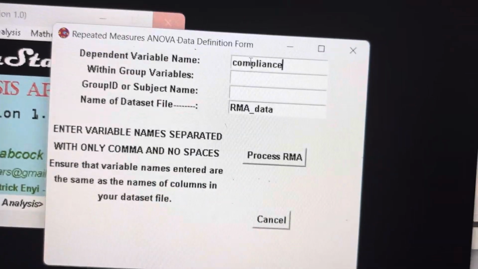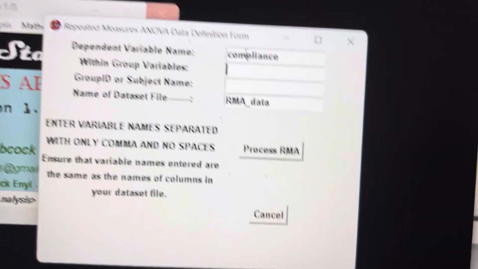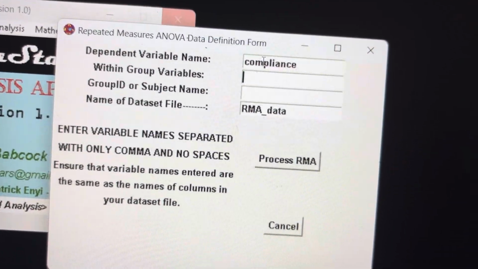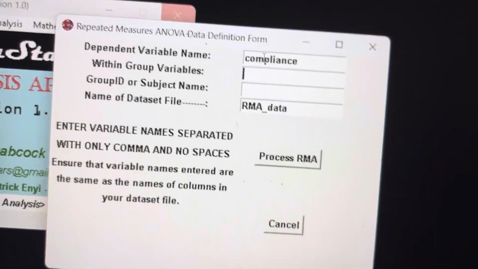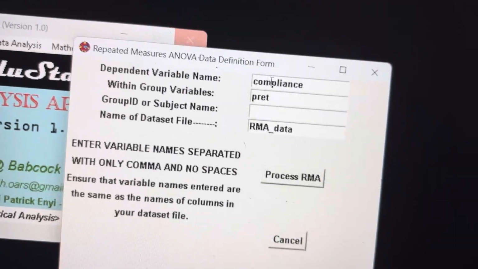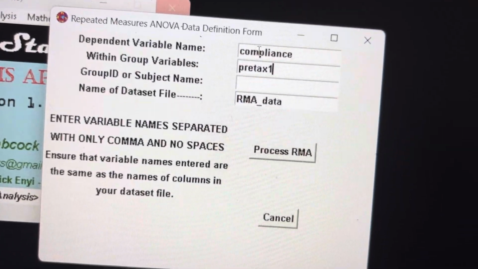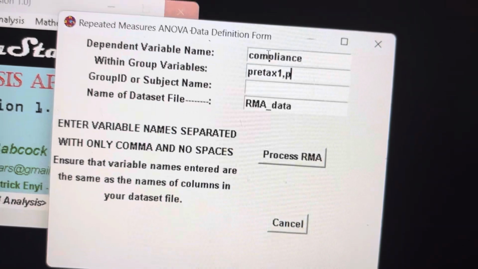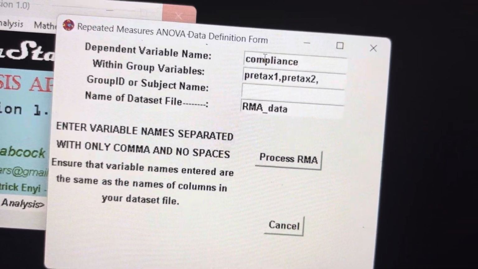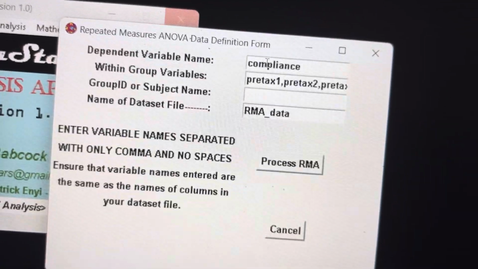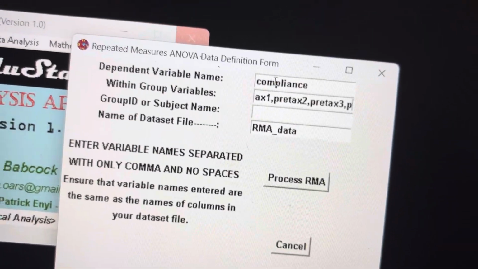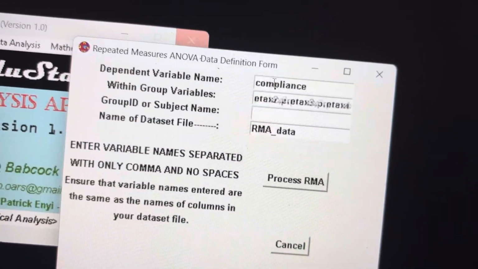Then the independent variable, which is the within group variable here, is, let's say, pre-tax 1, then pre-tax 2, then pre-tax 3, and pre-tax 4.